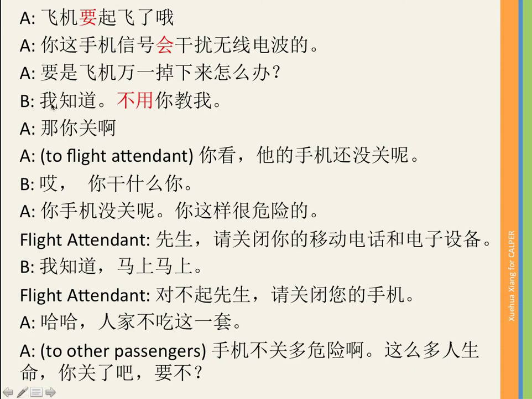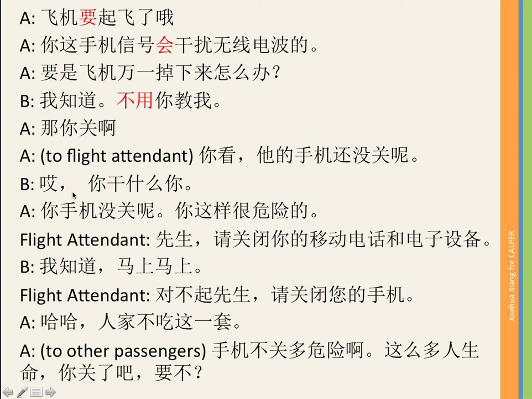Then the businessman gets impatient. 我知道，不用你教我。This is kind of direct, blunt. You don't need to teach me. I don't need that. 不用 don't do that. 那你关啊 Then you close it. You shut it off. And to the flight attendant, 你看 take a look. 他的手机还没关呢。He hasn't turned his cell phone off.